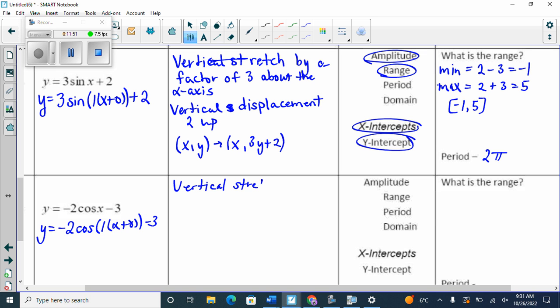Vertical stretch by a factor of 2 about the x-axis. A reflection in the x-axis.